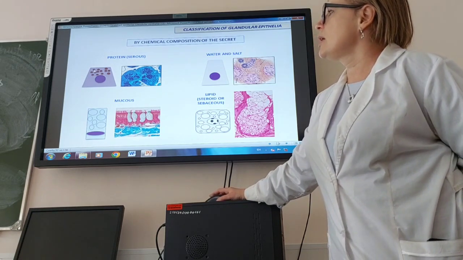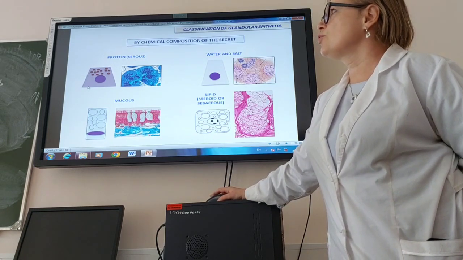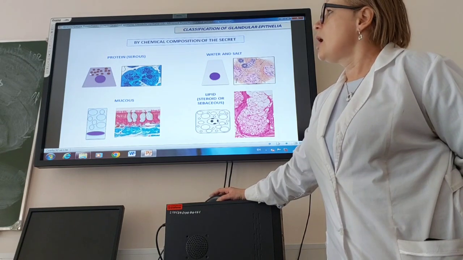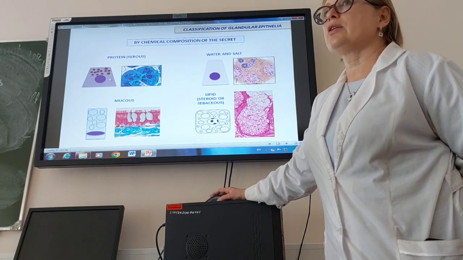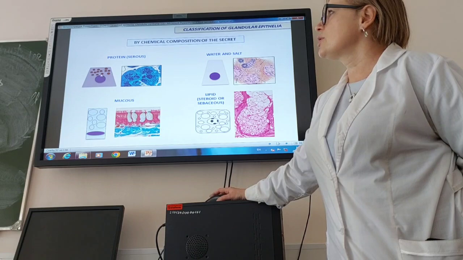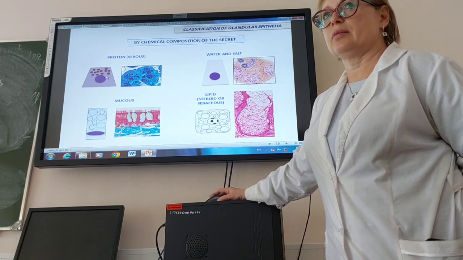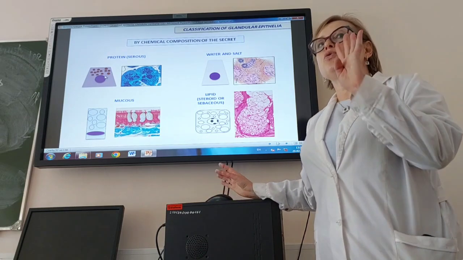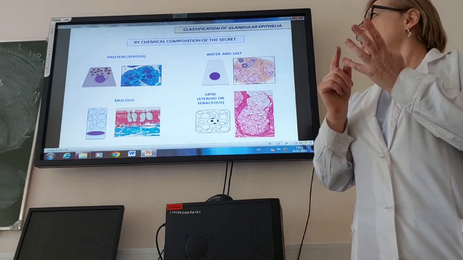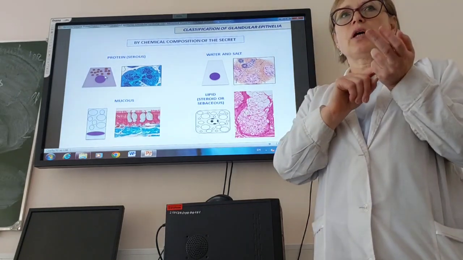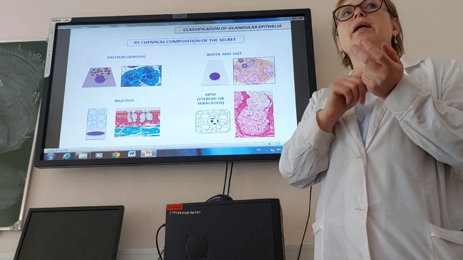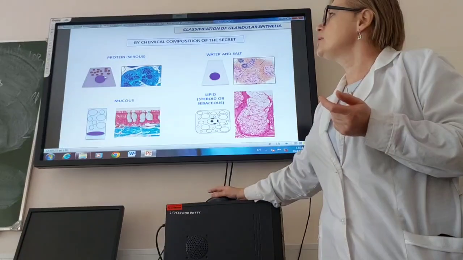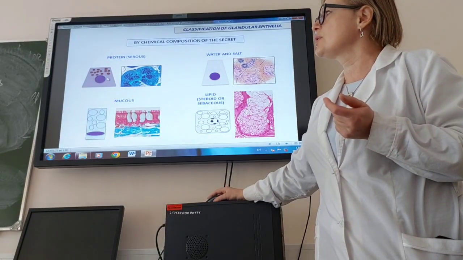Protein-secreting cells tend to be cuboidal. We can see colored cytoplasm and round nuclei. So I choose three criteria: color of cytoplasm, shape of nuclei, position of the nuclei. Position of the nuclei is in the center of the cell.